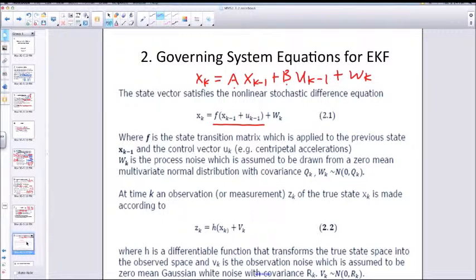Well, this f, of course, is a multivariable, multi-component function. Let me point it out again: it has multiple variables, and also multiple components. That means it's a vector. That is a vector function.